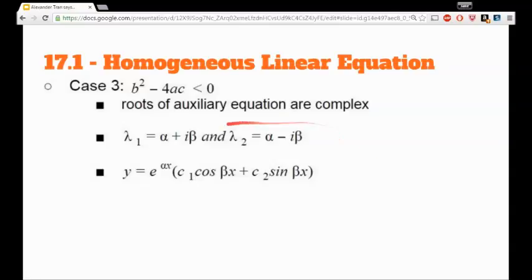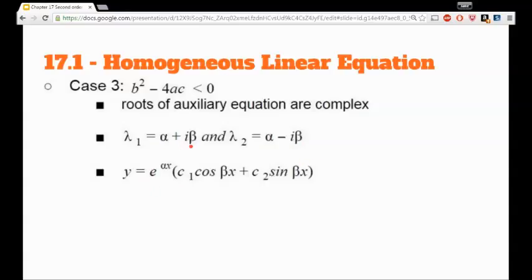In case 3, where b squared minus 4ac is less than 0, the roots of the auxiliary equation are complex numbers, where lambda 1 is equal to alpha plus i beta, and lambda 2 is equal to alpha minus i beta.